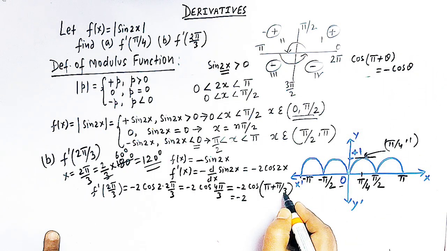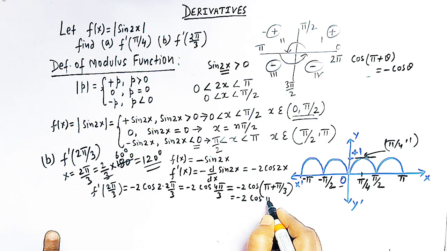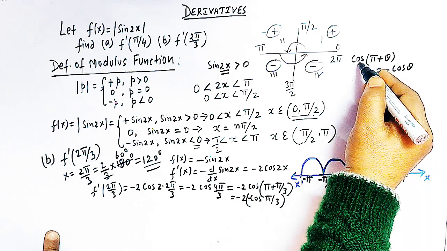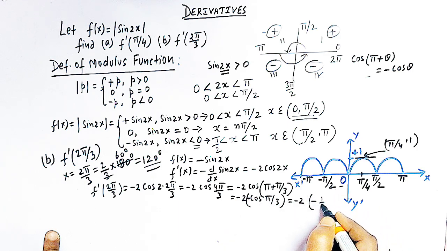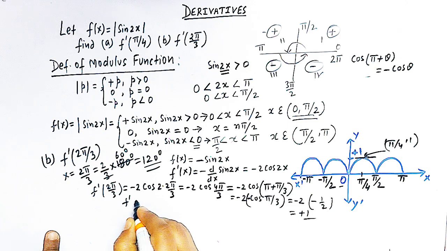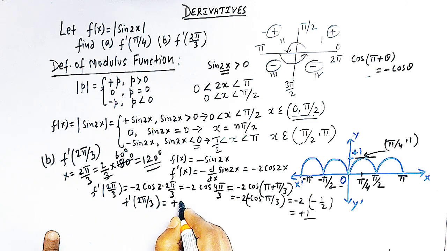Here theta is pi by 3, so we have minus cos pi by 3, and cos pi by 3 is cos 60 degrees, that is half, right? And minus times minus gives plus, so we have simply plus 1. So the derivative f prime of 2 pi by 3 is equal to plus 1.